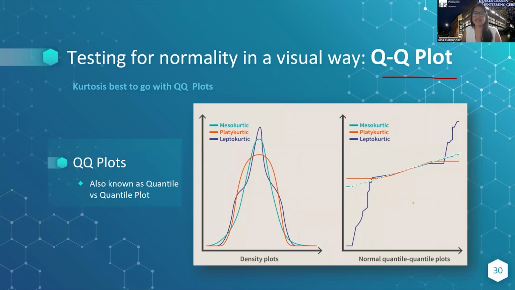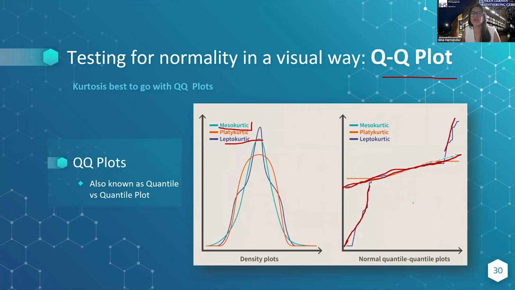And the QQ plot, as we already discussed, you have here an example. So mesokurtic is the normal distribution. This is the bell shape, the thing we want to see. As you see, in the QQ plot it is really close to the hypothetical line, and the other ones are a bit off, right? The leptokurtic has really heavy tails.